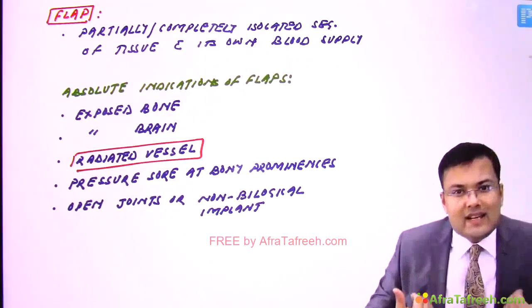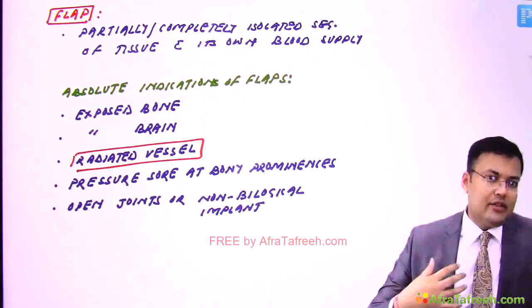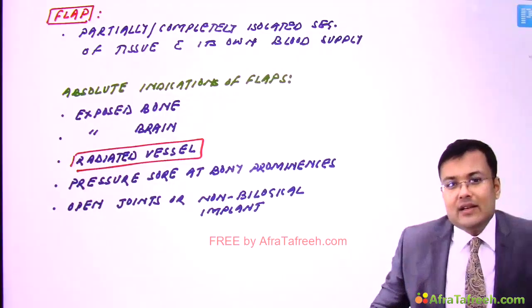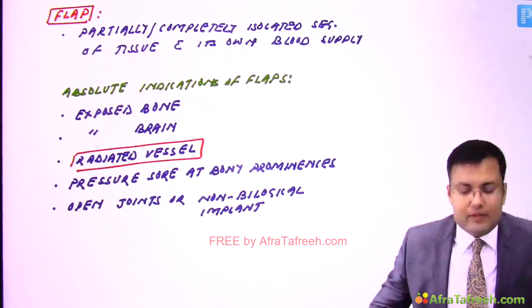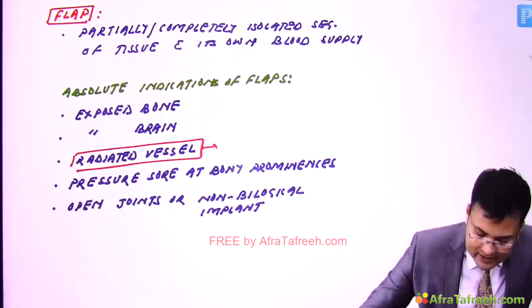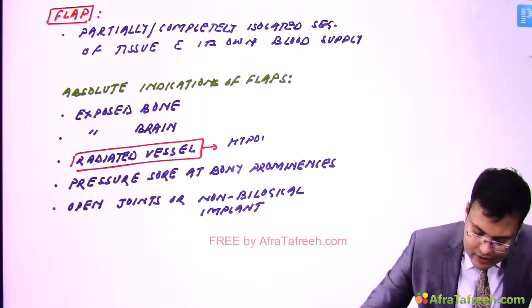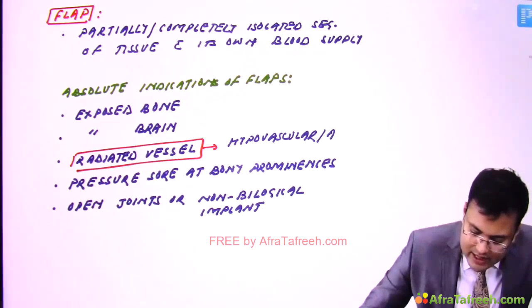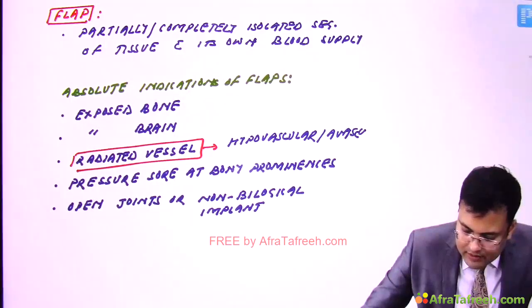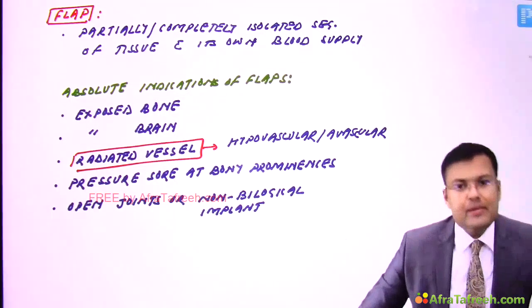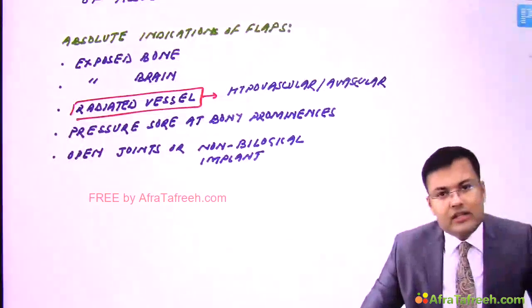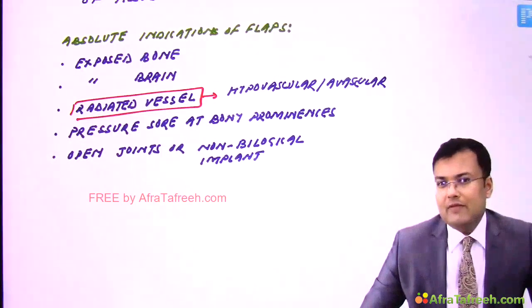So the area which received radiotherapy is relatively avascular or hypovascular. So irradiated vessels lead to a hypovascular or relatively avascular recipient bed. And that's why in all these cases we have to use the flap.